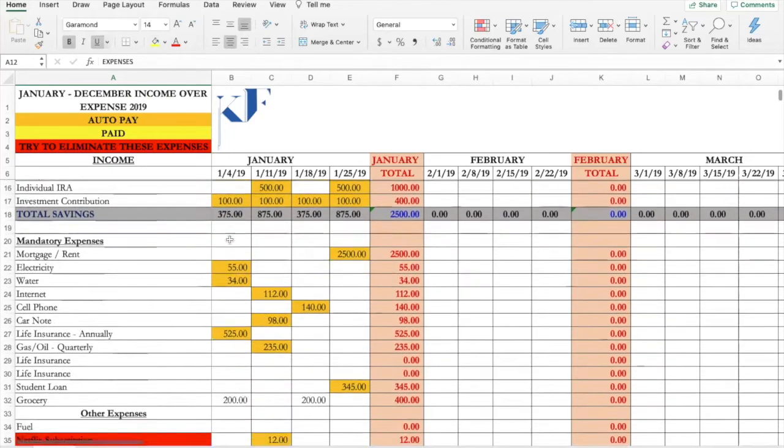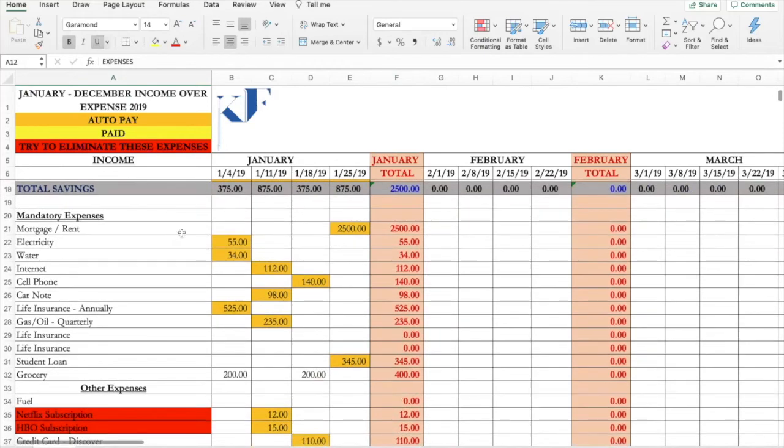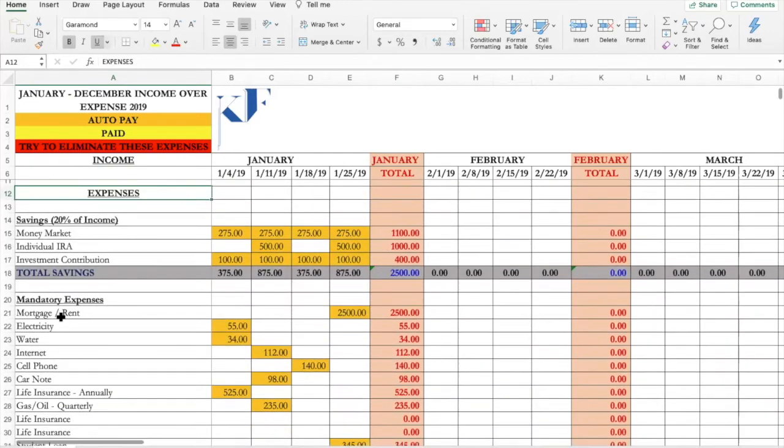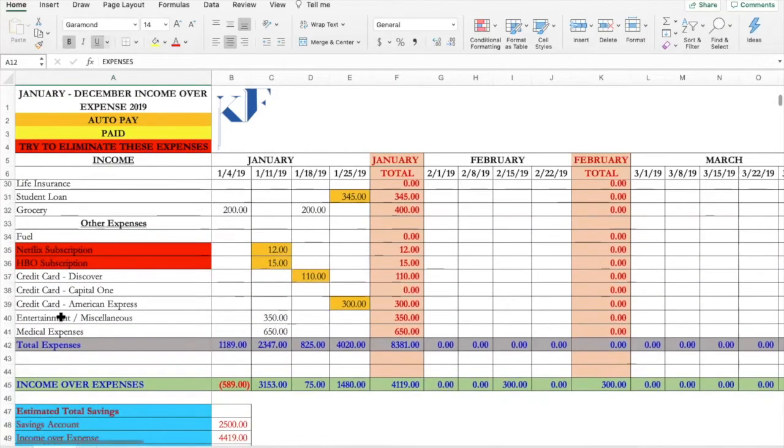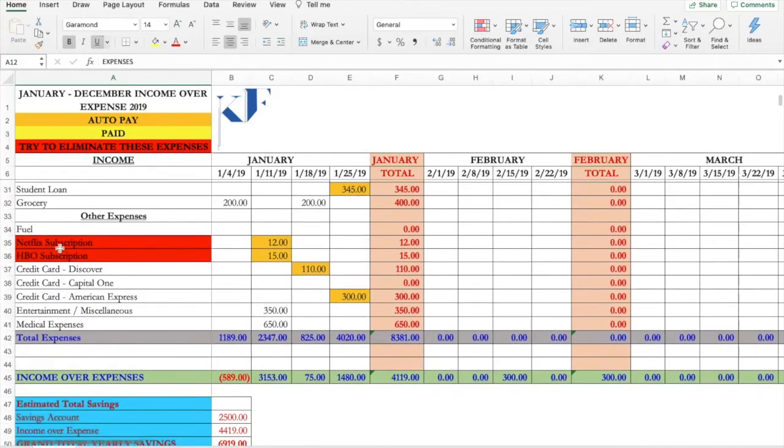Now, again, I have my mandatory expenses, which is mortgage, electricity, cell phone, life insurance, gas, oil. But let's just scroll down just a bit. Here I have other expenses. I have fuel. I have subscriptions. Now, if you notice, these two subscriptions are highlighted in red.